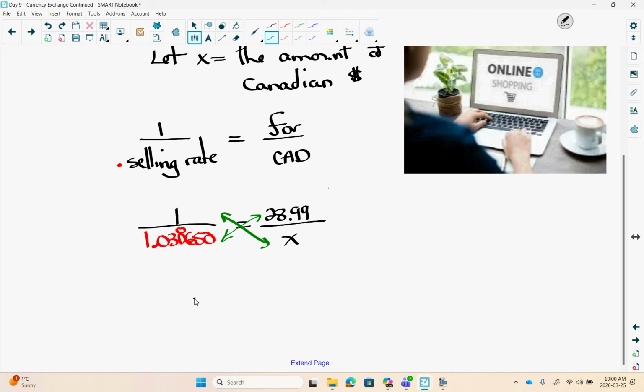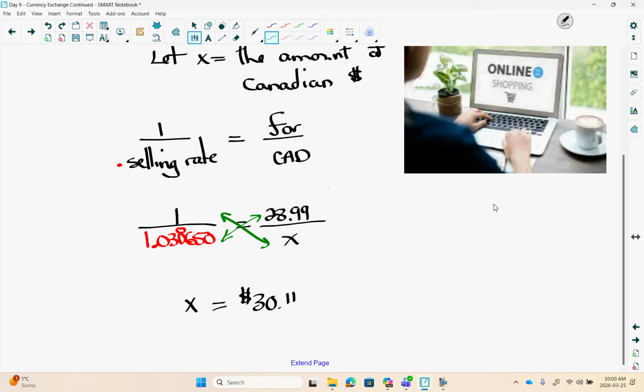One times X is X. 28.99 times 1.038650 gives me $30.11. Okay, costs you a lot more than that these days.